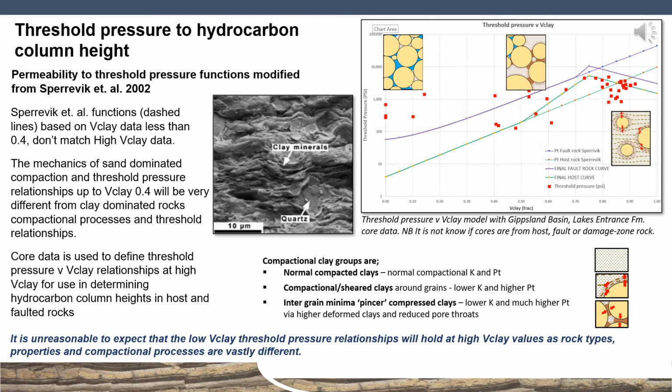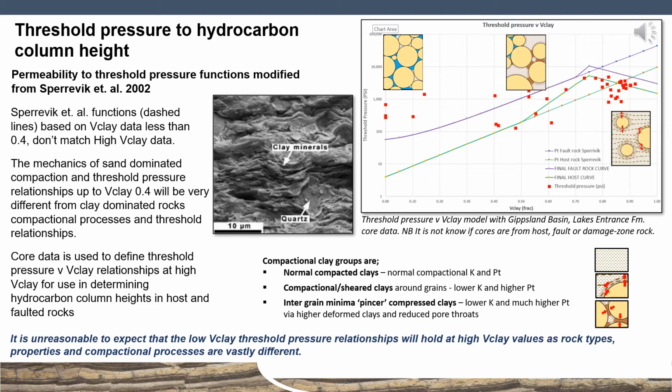To estimate column heights, we use a threshold pressure V-clay relationship that's linked to our permeability V-clay functions. Here we're showing threshold pressure for V-clay from Gippsland Basin Lakes Entrance Formation wells. And what's interesting is that there is an inflection point at about 0.75.